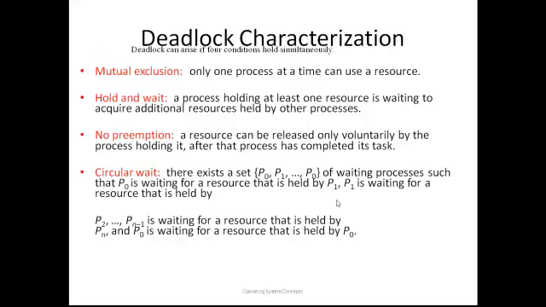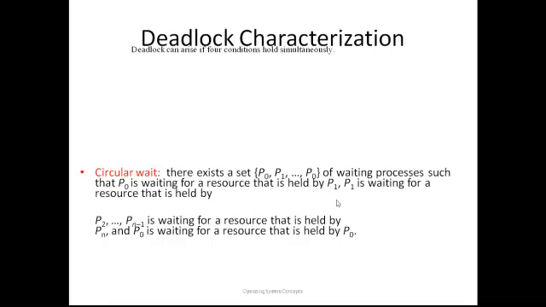For circular wait, if there exists a set P0 to Pn of waiting processes such that P0 is waiting for a resource that is held by P1, and P1 is waiting for a resource held by P2, and so on, then they are maintaining a circle-like position, waiting for the resources. So that's why it is known as circular wait.